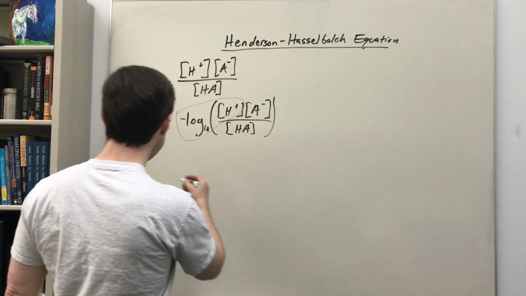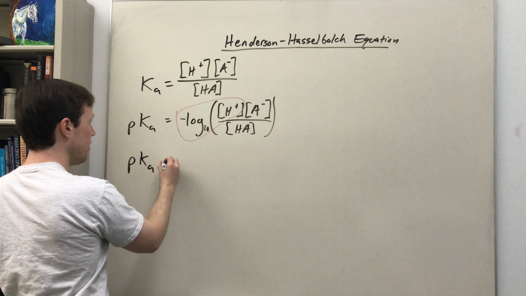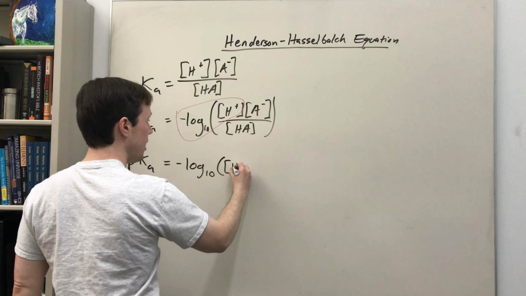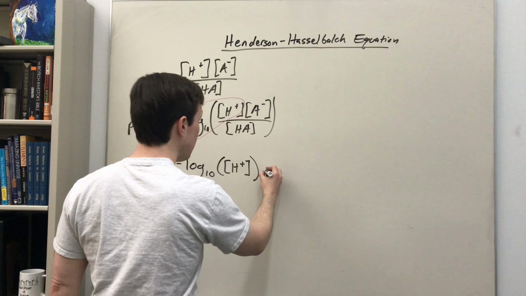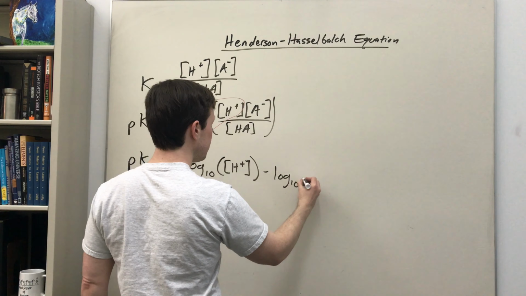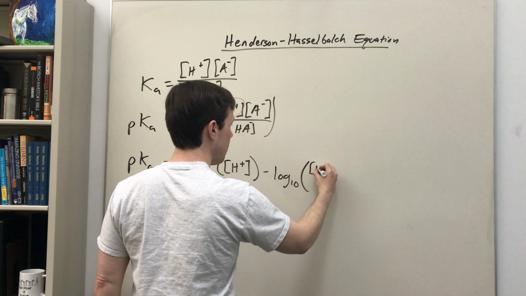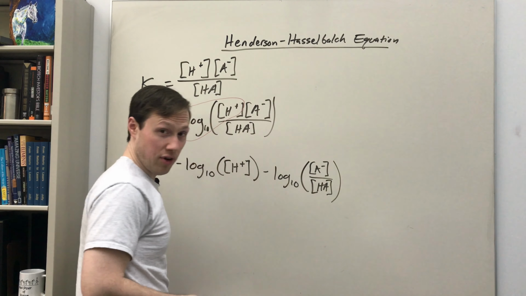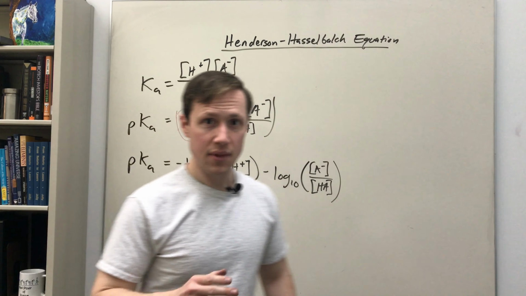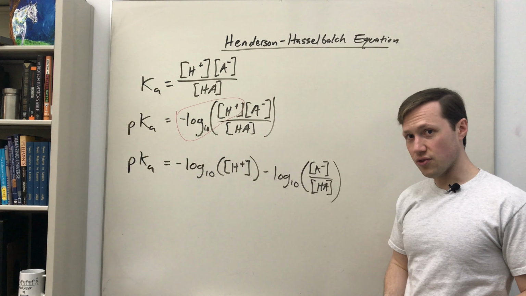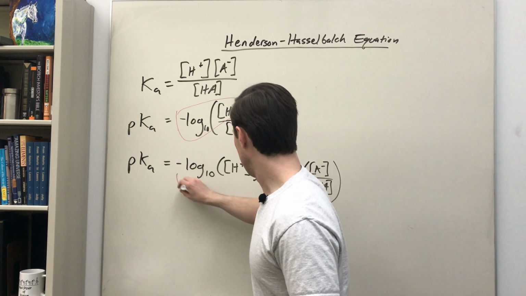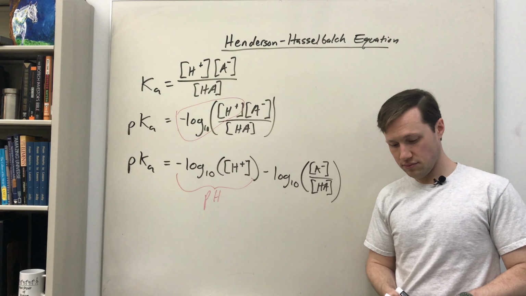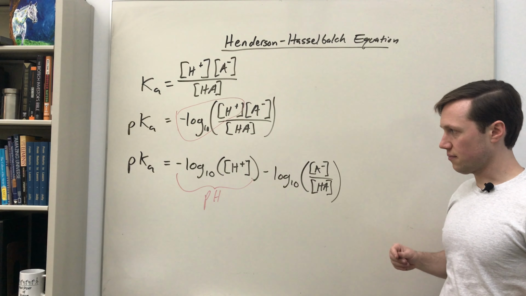In this case, that would mean that the pKa is equal to the negative log base 10 of the H plus concentration minus the log base 10 of our A minus over HA concentrations. Now we're starting to get somewhere pretty useful, because this, of course, is pH.